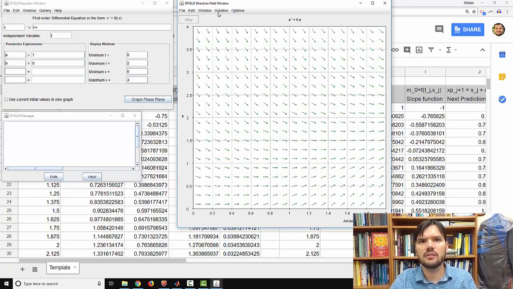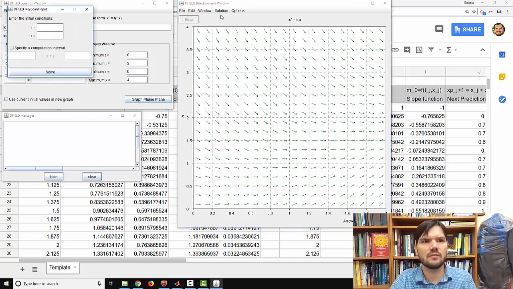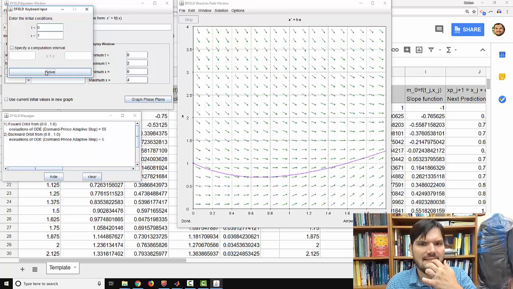You want to use the initial condition of x equaling 1. Okay. So there is an approximation.